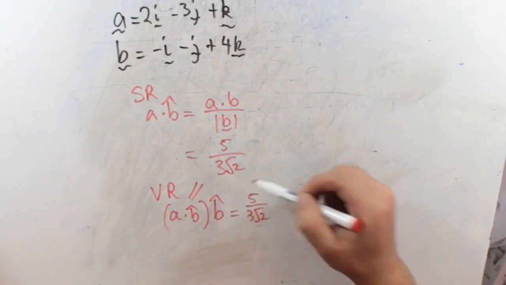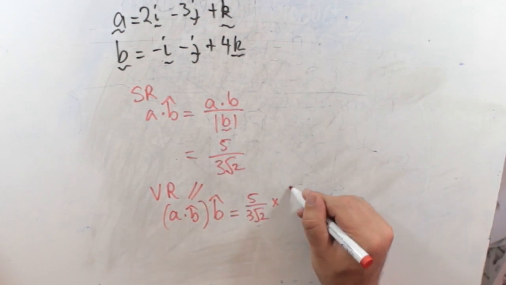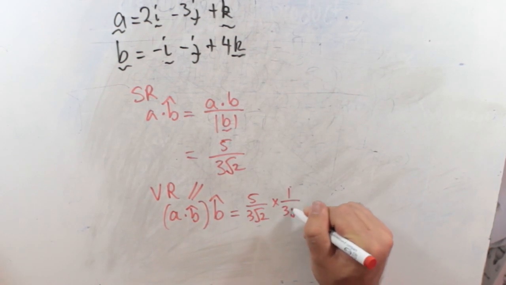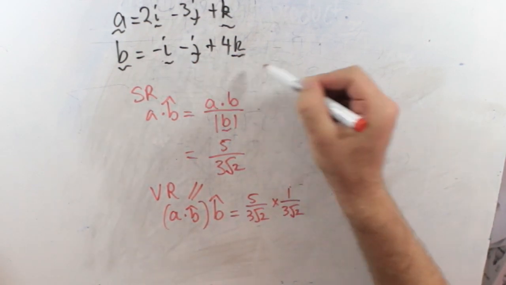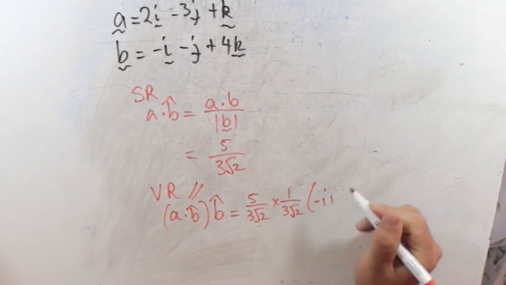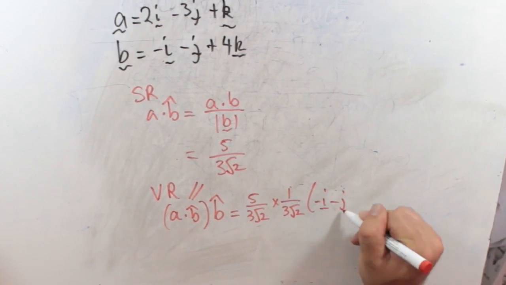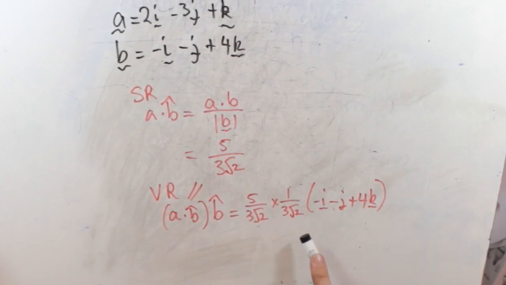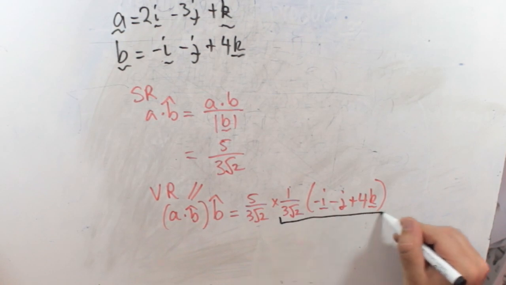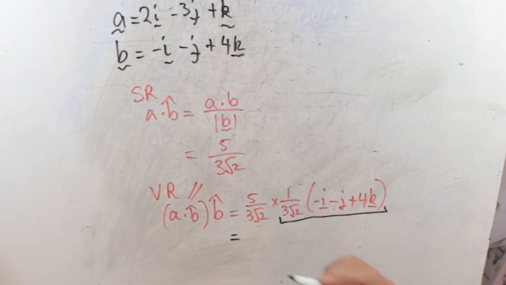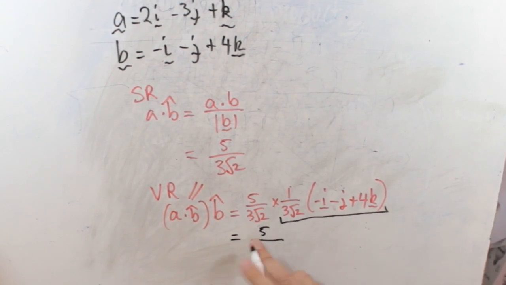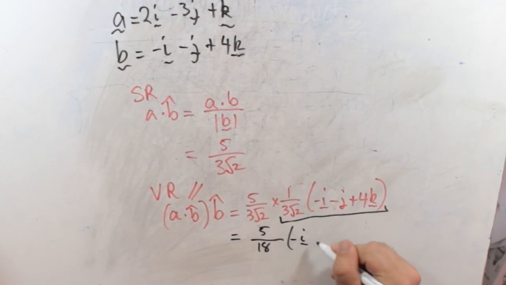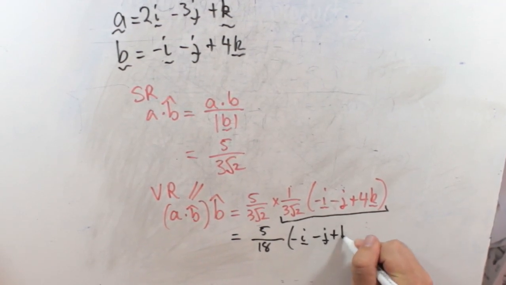So B hat is just 1 on 3 root 2, the magnitude, times negative i minus j plus 4k. So this is B hat, or the unit vector of B, just dividing B by its magnitude. This is the scalar resolute. So what do I get here? I get 5 on 18 times negative i minus j plus 4k.